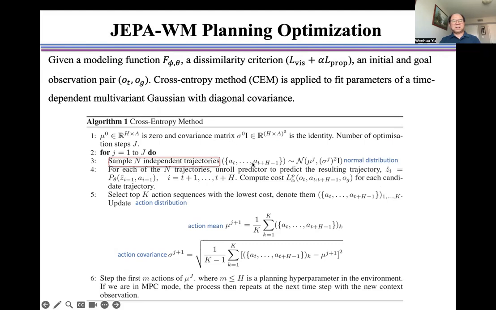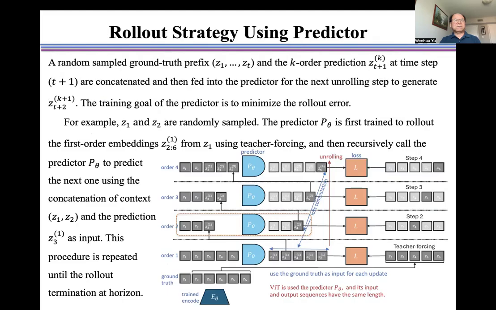Cross-entropy method is shown here. We first sample N independent trajectories from a normal distribution. And then we update the action distribution to calculate action mean and action covariance. Repeat this procedure until we get an action sequence with a minimum loss.